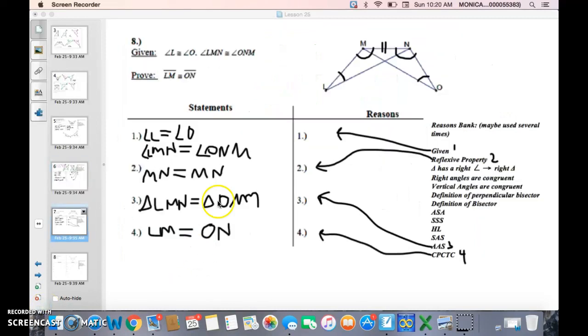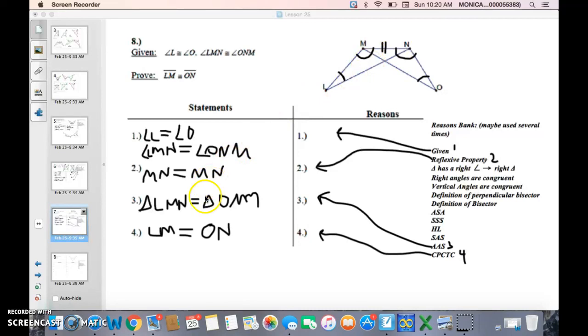All right, so I'm starting to get really good at this, so I did not pull these 2 triangles apart. I tried to do it on my own, and I noticed that after I marked my givens, this was also going to be overlapping this side right here. Both of those triangles have that particular side in common. So I noticed that that was going to be the reflexive property.